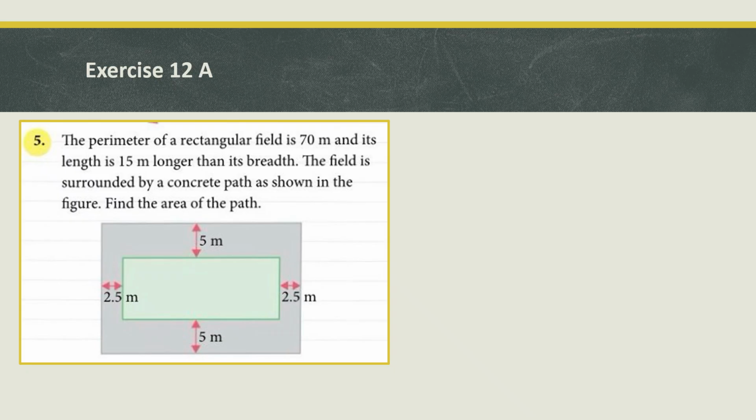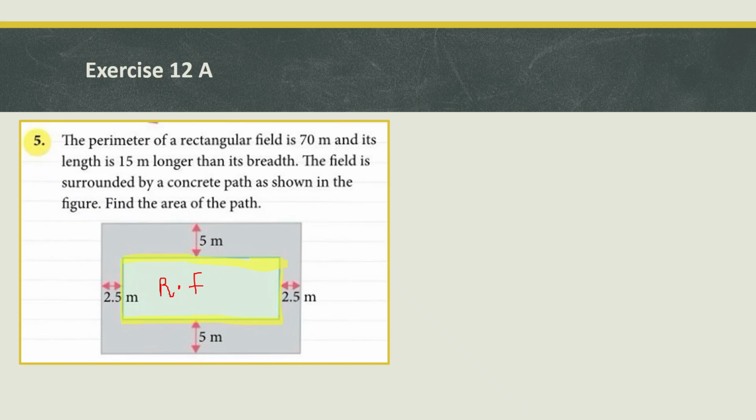The perimeter of a rectangular field is 70 meter. This is the rectangular field. What does rectangular field mean?